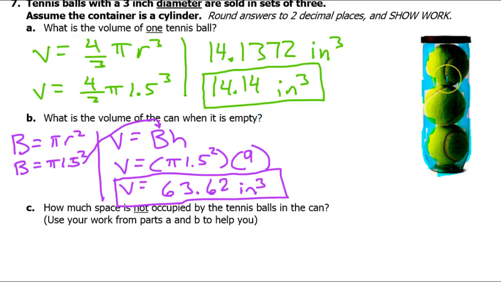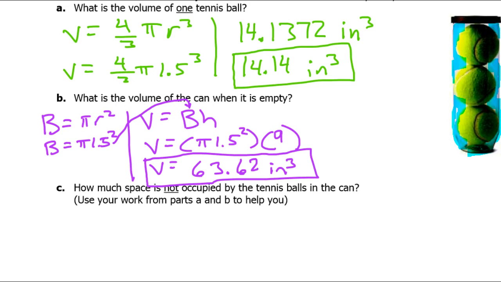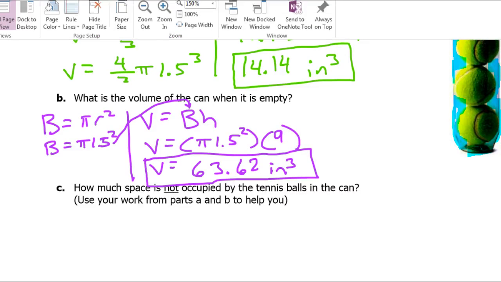The space around the balls is going to be the entire volume of the can minus the volume of the tennis balls, all 3 tennis balls. So let's check this out.